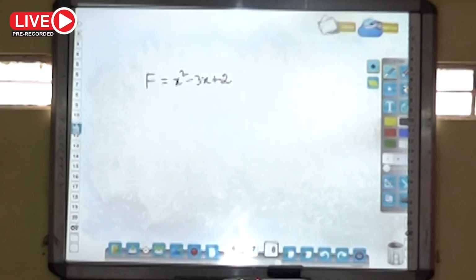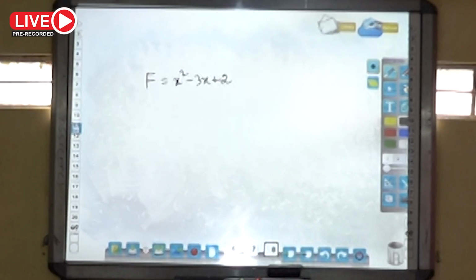Then write x equal to 3 by 2, and substitute where the first derivative is 0, which corresponds to the maximum or minimum.